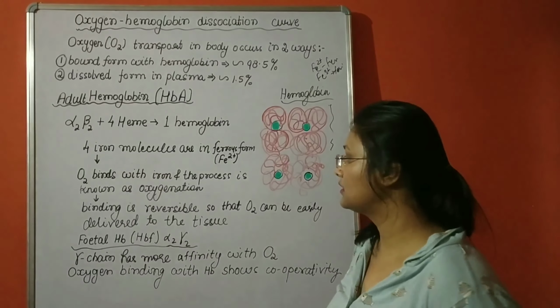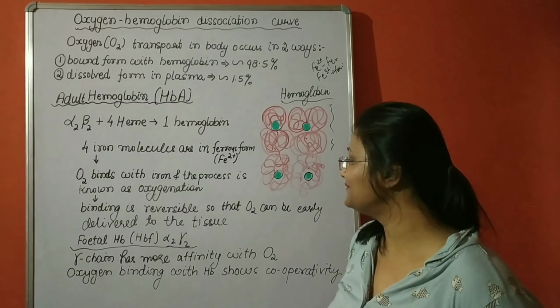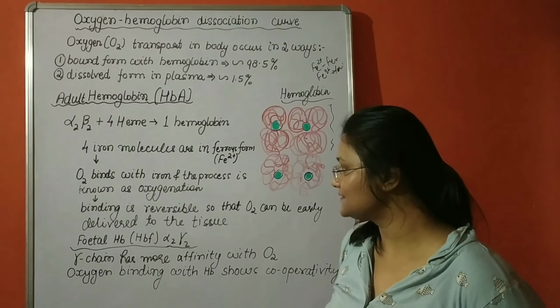Binding of oxygen with iron is oxygenation, and the binding is reversible. Why does oxygen bind with hemoglobin? The purpose is to transport oxygen to each cell of the human body so that they can perform cellular respiration.